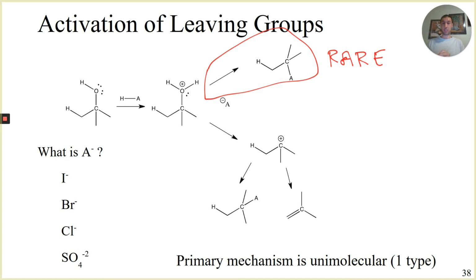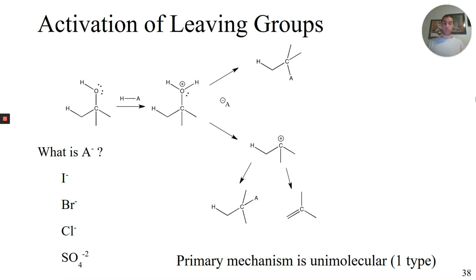It can happen, it does happen when we're looking at primary alcohols, but it's much, much slower because of the dynamics of the solvent stabilizing the nucleophile and everything else. So that reaction runs fairly slowly when we're looking at that SN2 pathway.